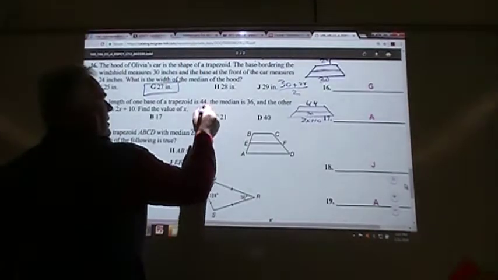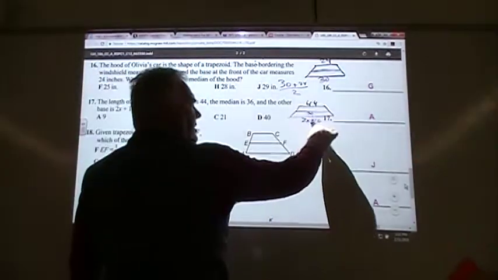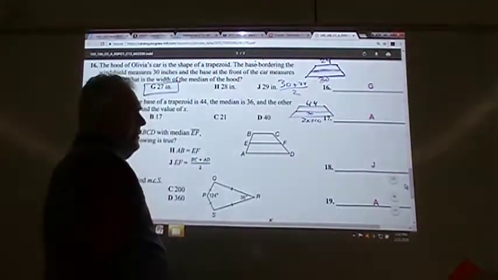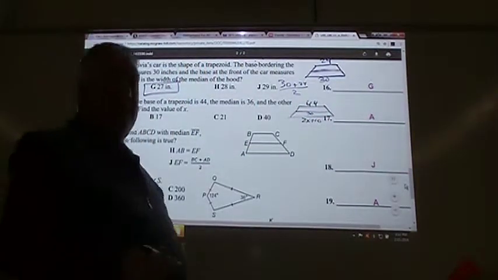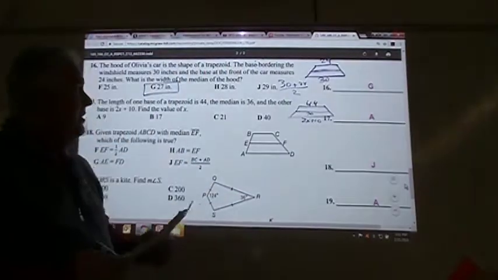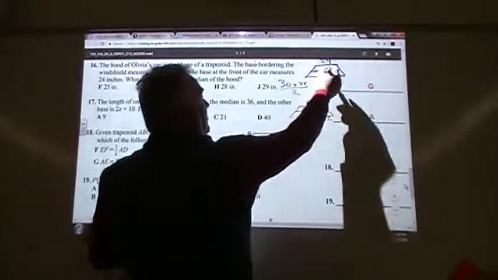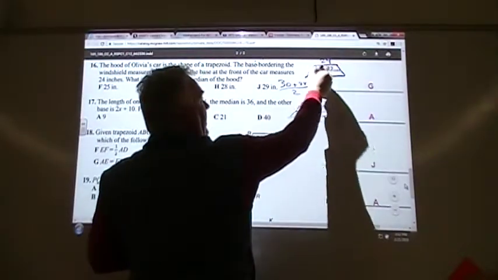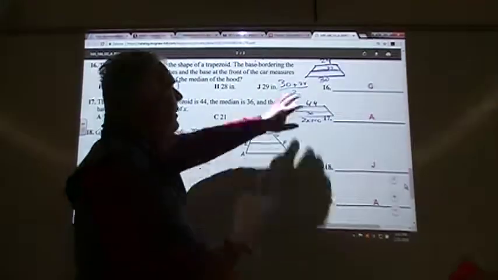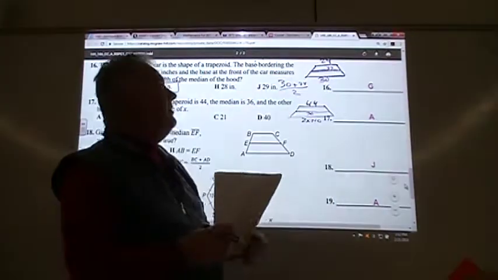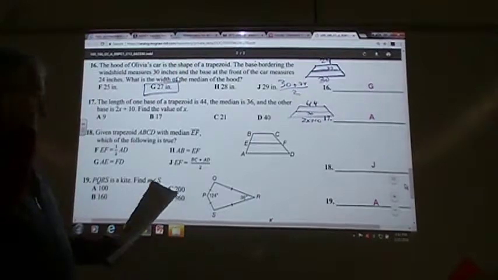So, this plus this have to equal double the median. That's, in a sense, the trick that you have to know. That this plus this equal double this. Remember, this is 27 right here. 30 plus 24 is equal to double 27. It's equal to 54.